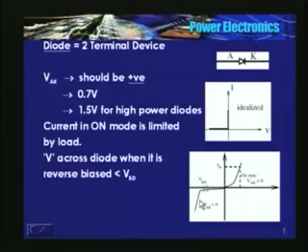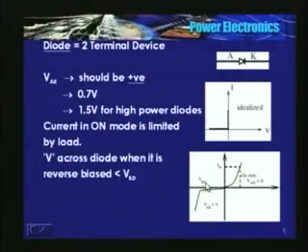As long as the applied voltage is less than VBD, which is this point, the junction breakdown, the diode will block that voltage. In other words, the maximum reverse voltage applied across the diode should be less than VBD.